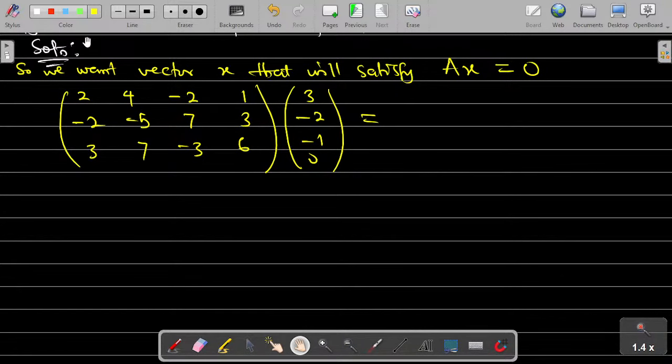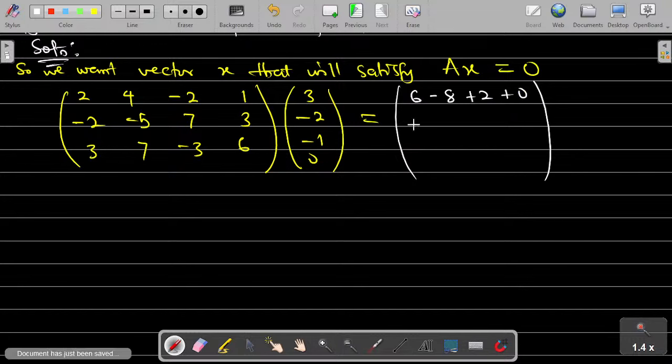To do that multiplication, we are going to get another matrix. So the whole of this will multiply. 2 times 3 is 6. 4 times 3 is 12, and 4 times -2 is -8. -2 times this is +2. And 1 times 0 is 0. Okay, we go over here. -2 times 3 is -6. -5 times this is +10. 7 times -1 is -7.